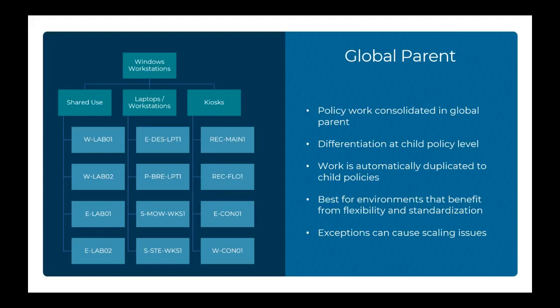And then we're going to make customizations and adjustments at the child policy level. So because of that, we're reducing the amount of work we have to do because we do it once and then it waterfalls down. We're still getting the customization and differentiation that you need to actually manage these devices by differentiating at the child level.